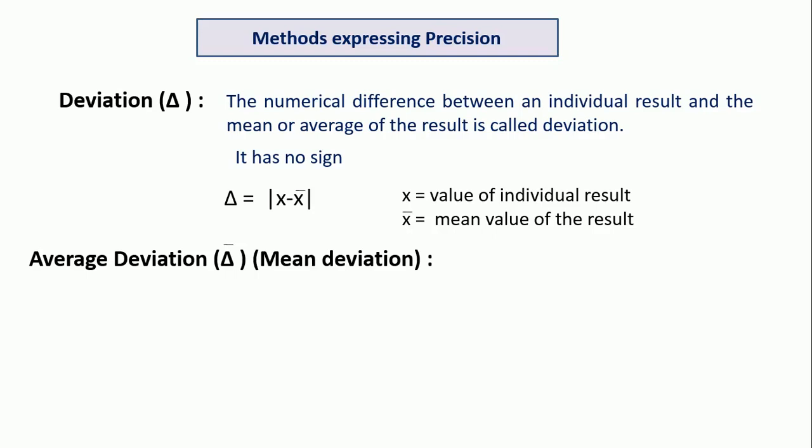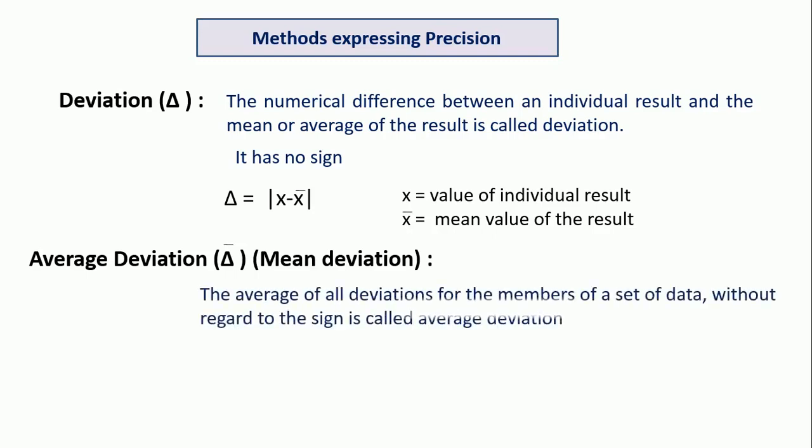This is the simplest meaning. The average of all deviations for the members of a set of data, without regard to sign, is called average deviation or mean deviation.